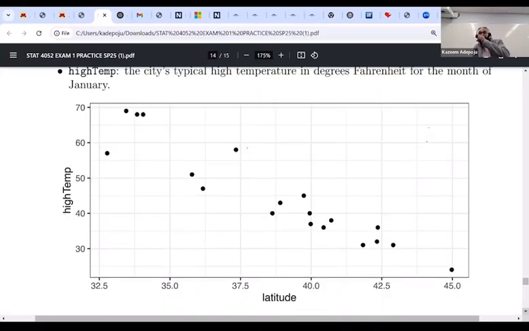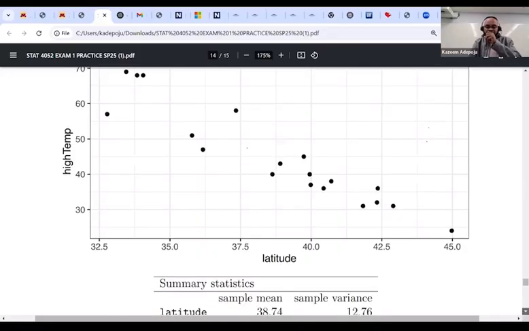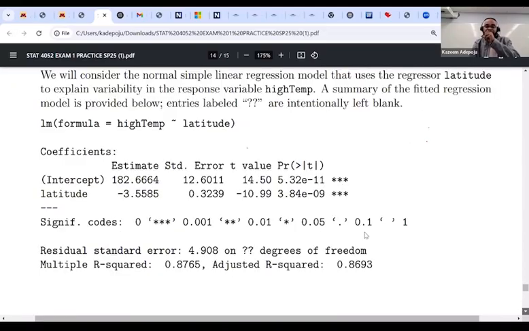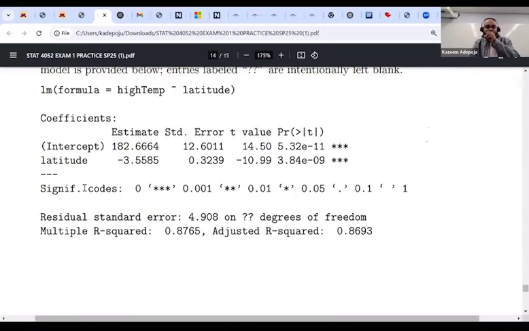This is a scatter plot of high temperature against latitude, showing a negative relationship. Let's look at the summary statistics, the means and the variances. Then we perform regression and we have this output.